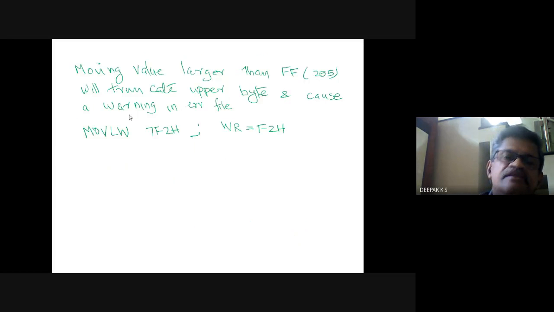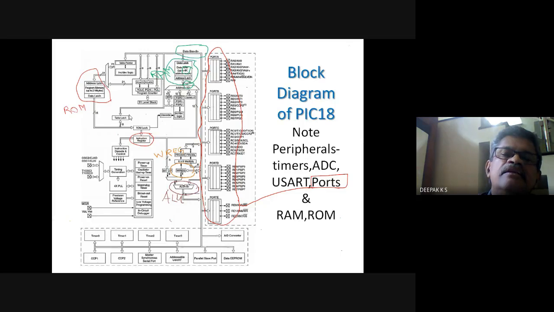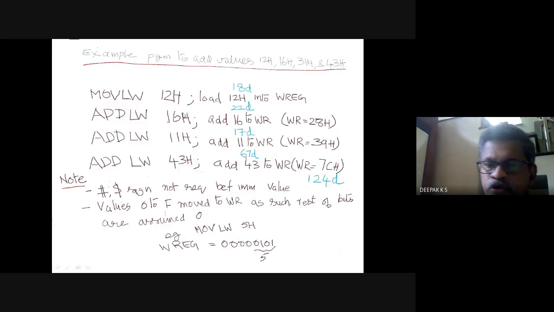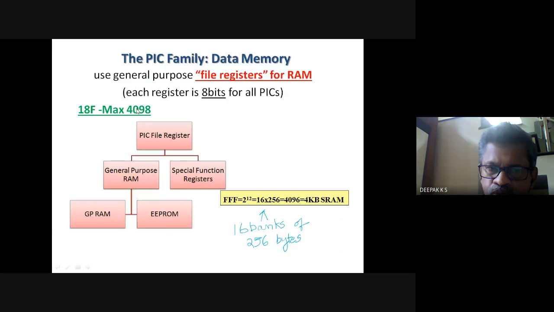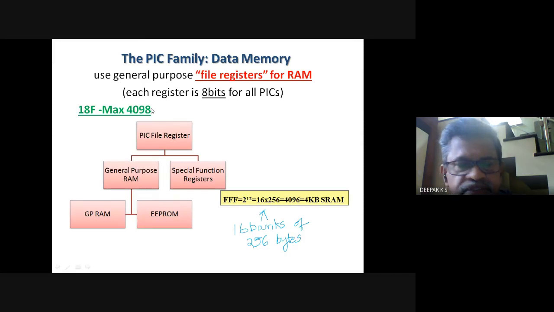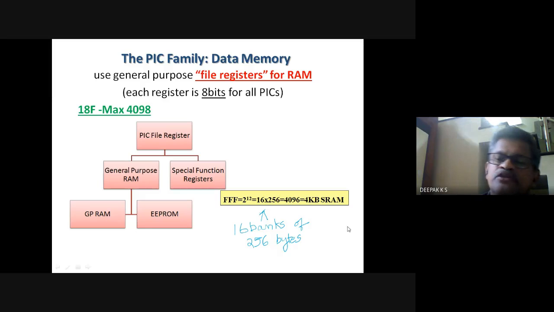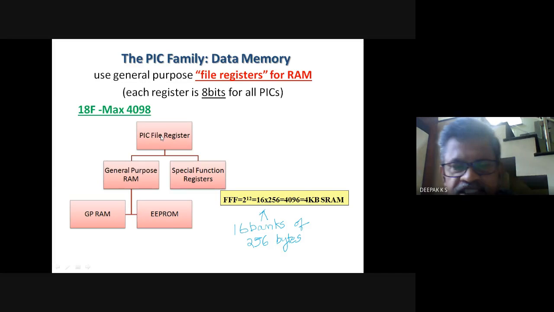The address width is 12, so 2 raised to 12 is 4096. Anyway, 4K is what we write. It is 4096. So, the PIC file register.